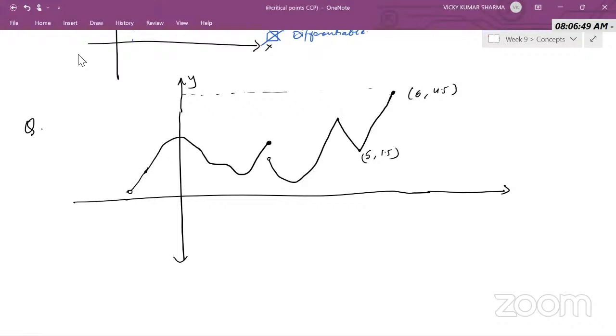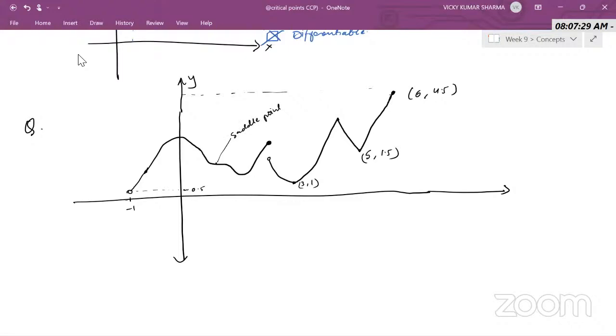This is, let's say, at -1, and roughly, it's not the exact value, 0.5. Another one, maybe 3 comma 1. So these are certain things which I have given here. And this point, I'm saying that this is a saddle point.